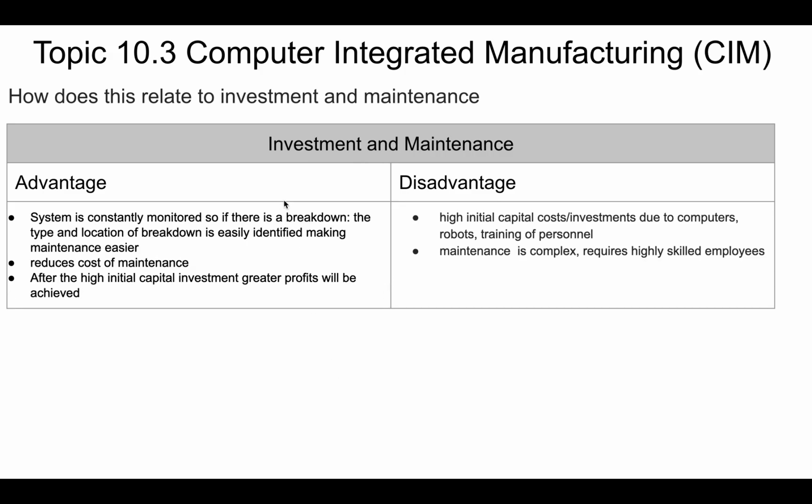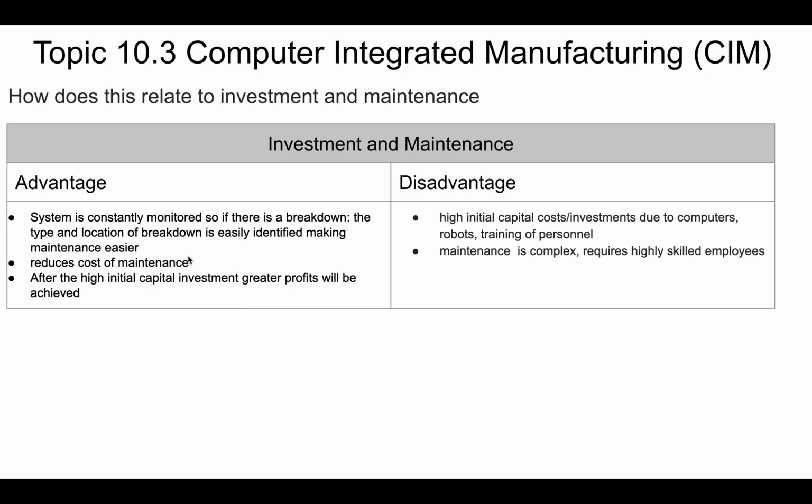Okay, so what are some advantages and disadvantages as far as investment and maintenance? Some advantages: the system is constantly monitoring, right? It's a computer, so it's constantly checking on things. It can find the location of breakdowns and identify them to make maintenance easier, right? This is a problem in unautomated systems. When you don't have computer-controlled manufacturing, you may not know that there's an issue until too late.